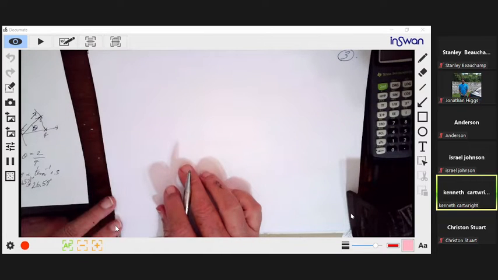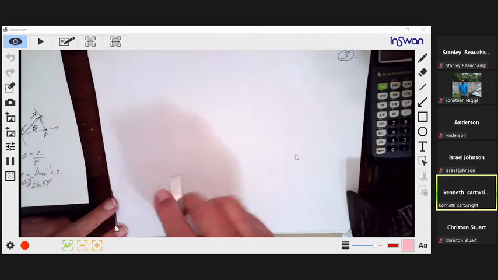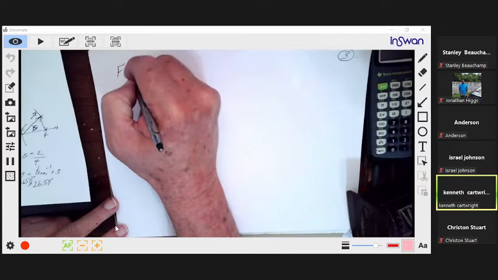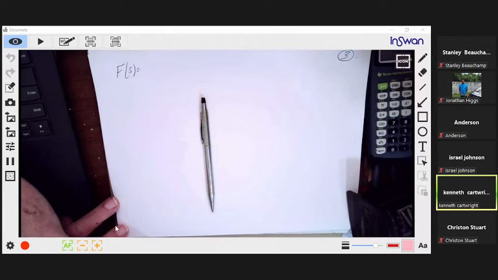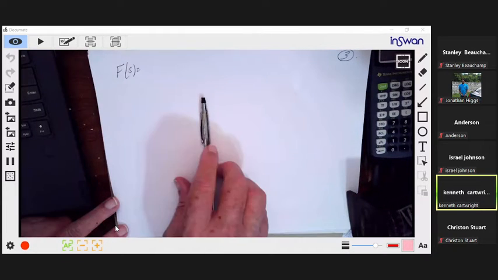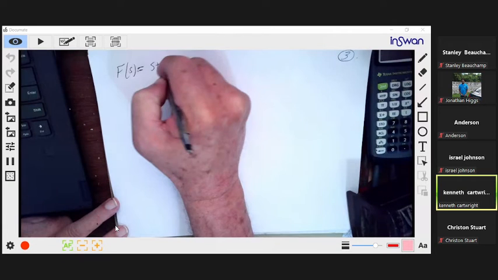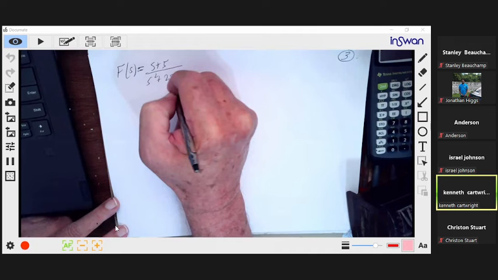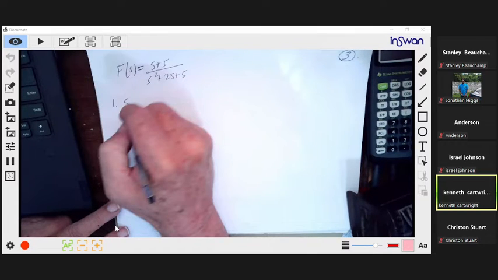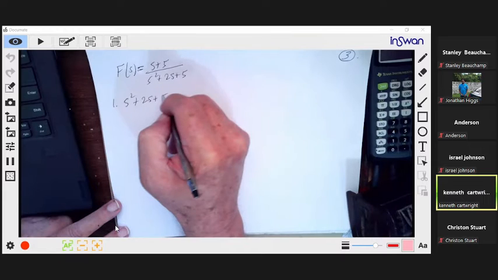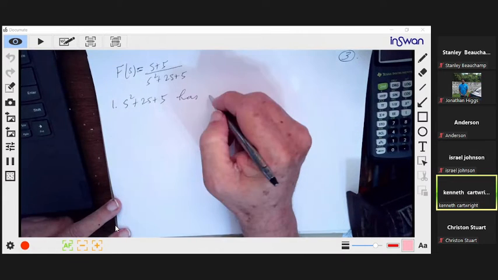So, f of s is s plus 5 over s squared plus 2s plus 5. The first thing we need to know is that s squared plus 2s plus 5 has complex roots.